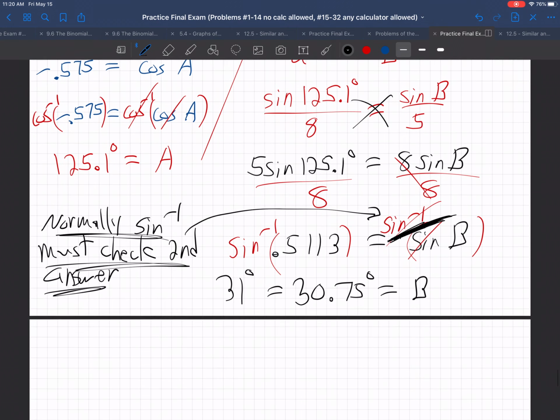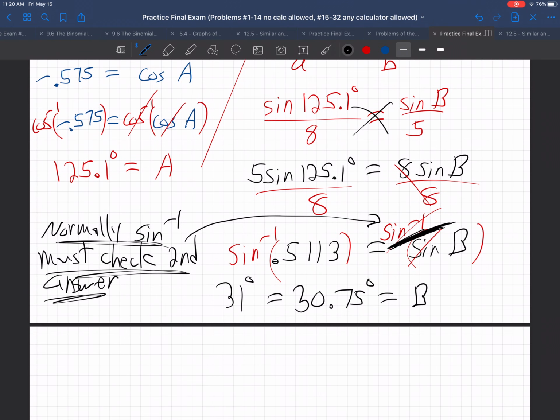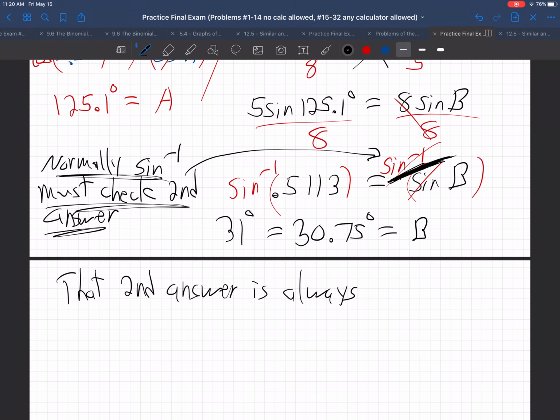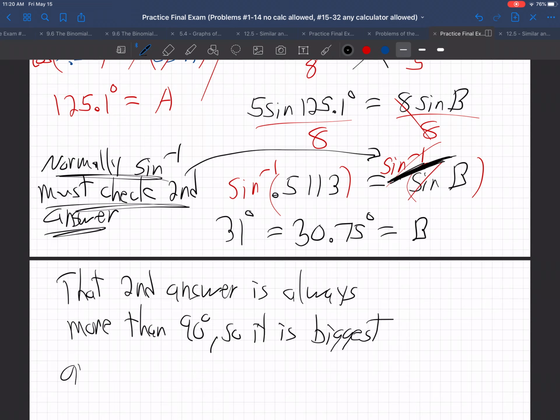Well, it's not needed here. That second answer is always more than 90, so it is the biggest angle in the triangle.